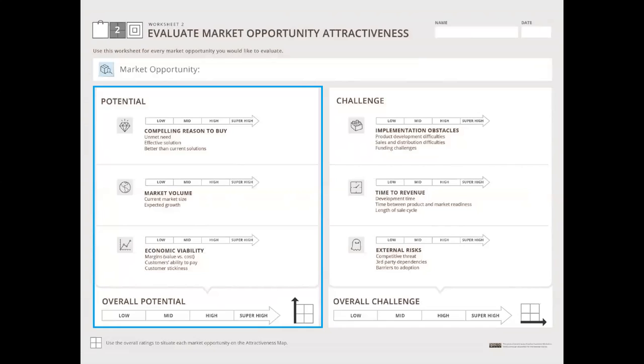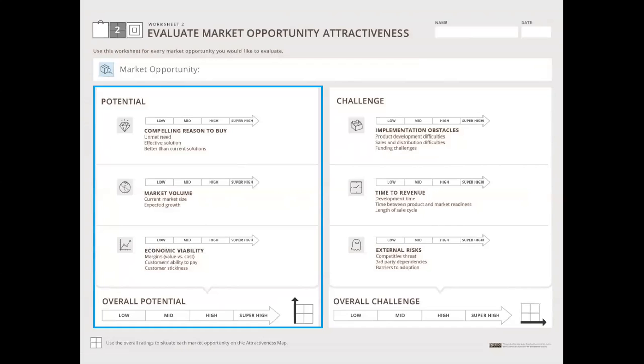Let's look at these 3 factors. The first one, which is also the most important one to start with, is the compelling reason to buy. Is there a real unmet need, and can we address it effectively and better than what is currently out there? The second factor is the size of the market, either now or in the near future. And the third factor is the economic viability of this market, meaning does it make sense from a business perspective to pursue it?